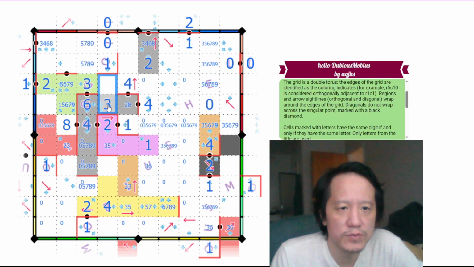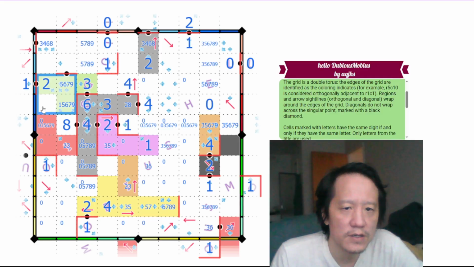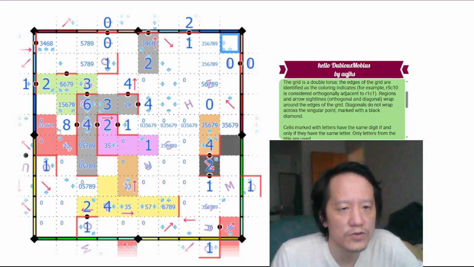So this could go this way. It could go this way. This is at least 5. So it sees 1, 2, 3. It could be 4 and then 5 that way, which would be here. That's possible. So it does not have to combine with the red.